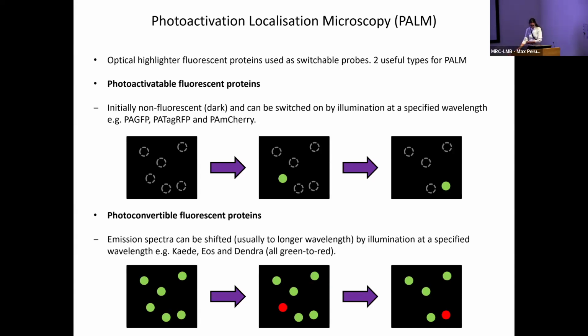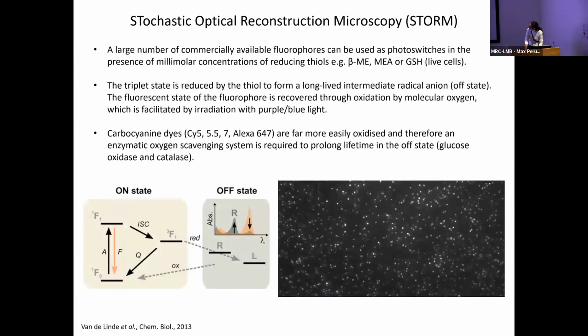So with single molecule localization microscopy, the key is to have a sparse sample. The last type of single molecule localization microscopy is STORM microscopy, or stochastic optical reconstruction microscopy, where the fluorophores that are used have the ability to be switched on and off.